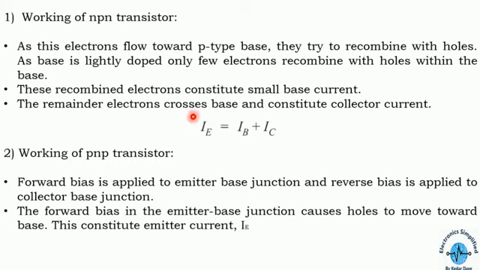That is, 10% of the current will flow through the base, that is the base current, and the rest of the electrons will travel towards the collector region and form the collector current. So that is the basic idea for the working of a PNP transistor.